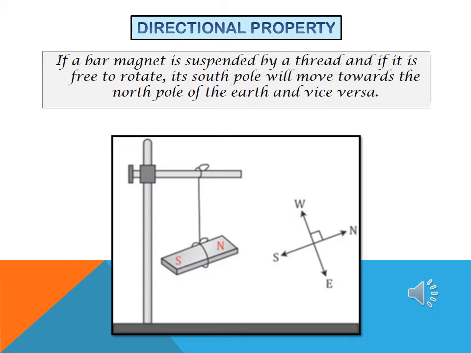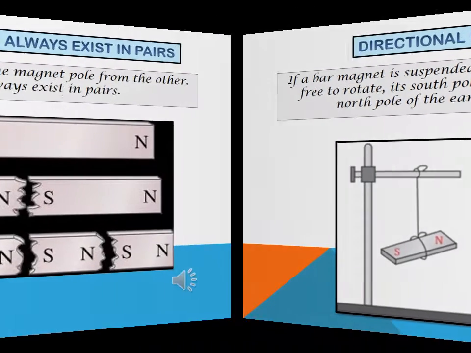When a string is tied in the middle of a bar magnet and hung freely, you will see it comes to rest in one particular direction on every occasion, that is geographical north-south. This indicates that a freely suspended magnet always comes to rest in the north-south direction. This is the directive property of magnets.